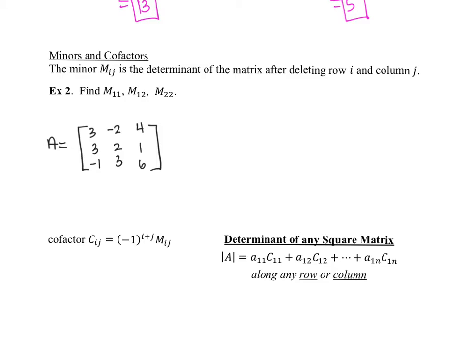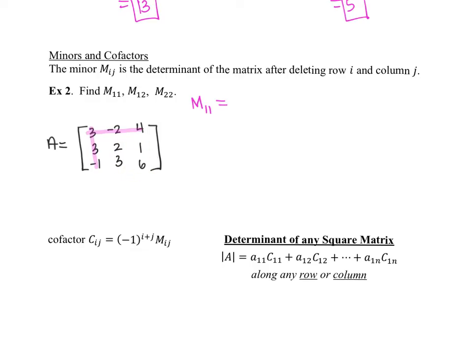So I'm given this matrix A, which I forgot to write, but I'll put it on the blank notes in a second. Okay, so if I want to find minor 1, 1, I'm going to find the determinant of the matrix left over after I cross off row 1, column 1. So if I ignore row 1 and column 1, I'm left with this matrix right here, which is a 2 by 2.